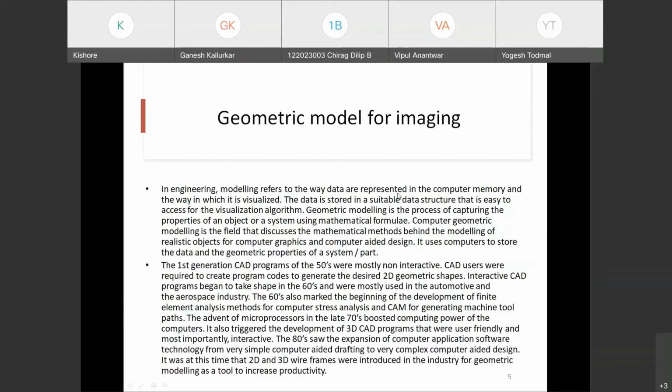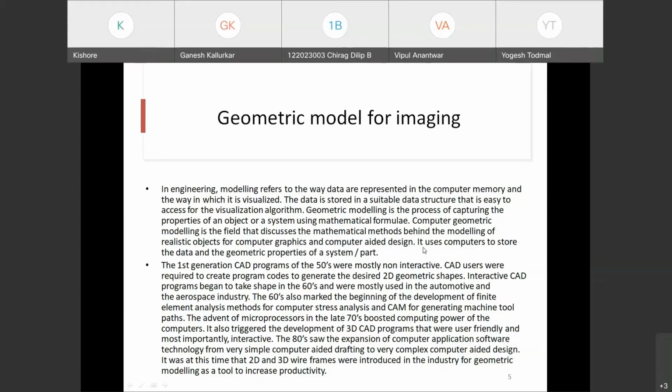Data is stored in a suitable data structure that is easy to access for the visual algorithm. Geometric modeling is a process of capturing the properties of an object or a system using mathematical formulae. Computer geometric modeling is the field that discusses the mathematical methods behind the modeling of realistic objects for computer graphics and computer-aided design.